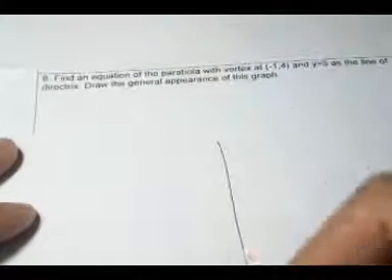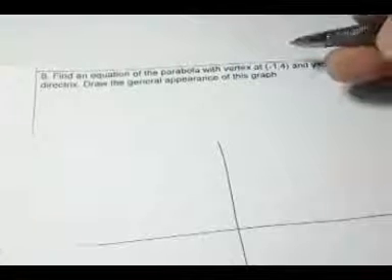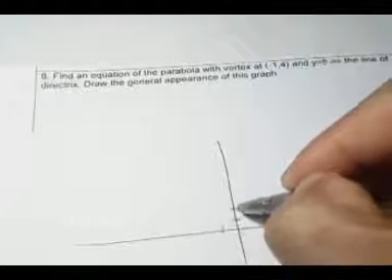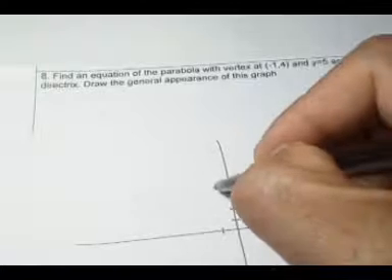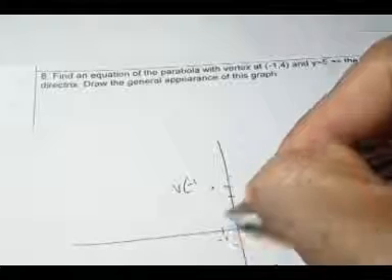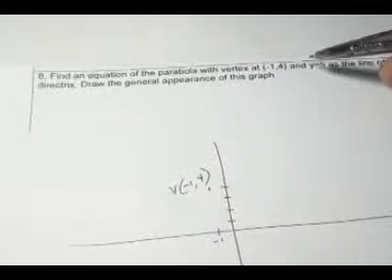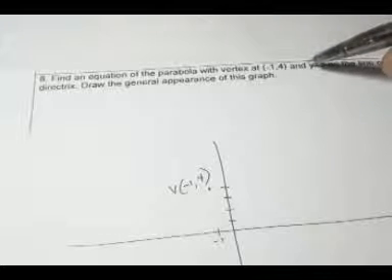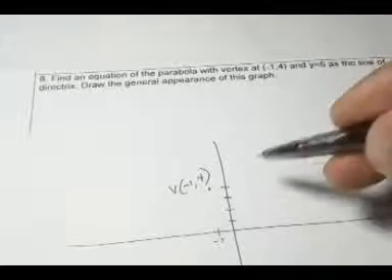Okay, let us make some sketches on the graph. The vertex is negative 1, 4. Negative 1, then 1, 2, 3, 4. This is the vertex, negative 1, 4, and the directrix has equation y equals 5.